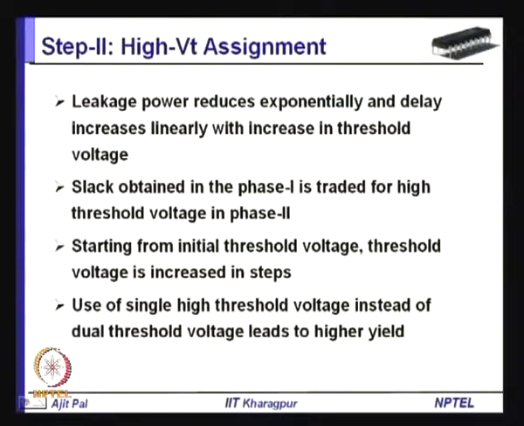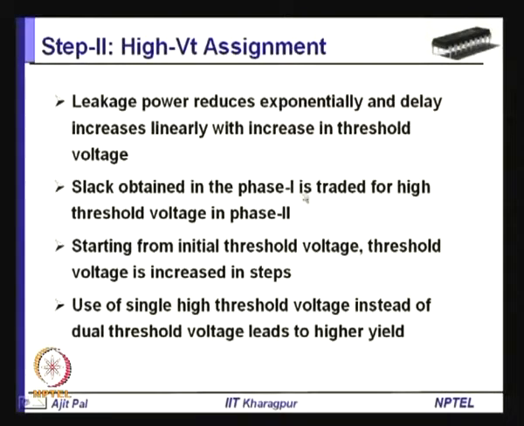Now, that reduction in delay will be traded for reducing the leakage power by increasing the threshold voltage of those gates. Not only the gates of the critical path, all the gates in the circuit will now have their threshold voltage increased from this minimum value of 0.2 VDD to some larger value. What is that larger value? That we shall find out.